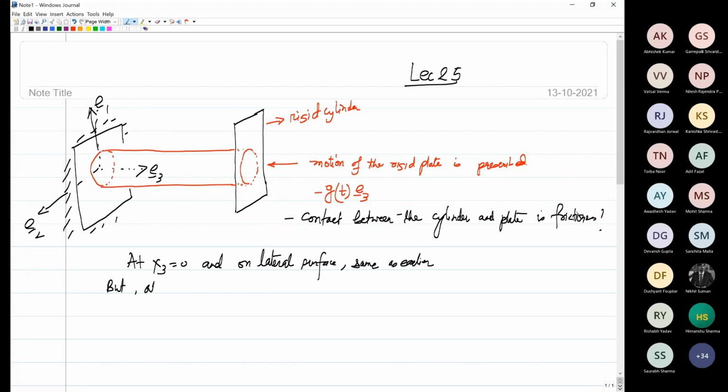But at x3 equal to L. Okay, so what do you think? What would be the boundary condition?